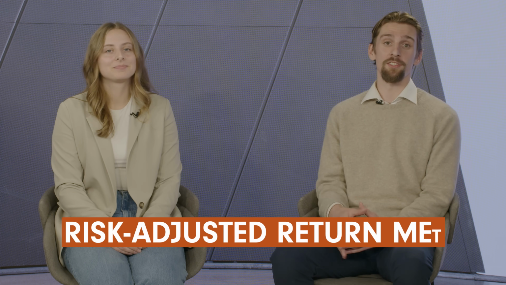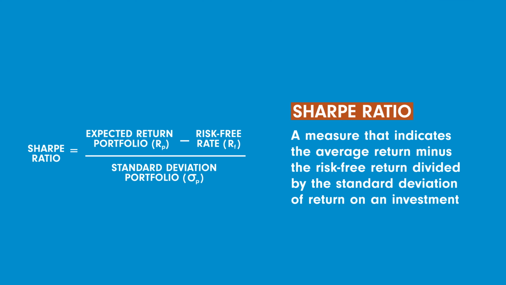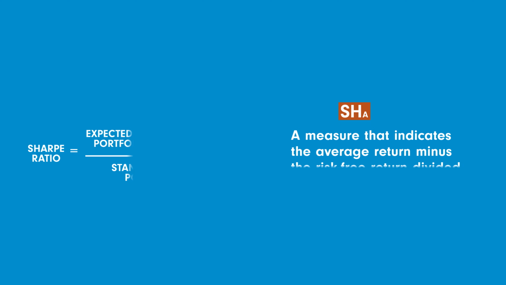There are many risk-adjusted return metrics used in the financial world. The most common one is the Sharpe ratio. The Sharpe ratio compares the return of an investment with its risk. Essentially, it can tell you how much extra return you're getting for each unit of risk you take on. Think of it like this. Imagine two students, Mindy and Jesse. Each get $10 for doing chores.